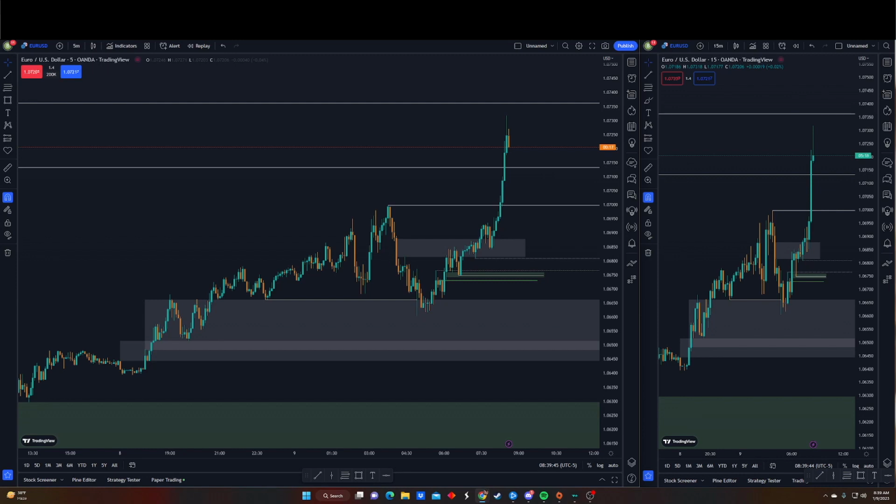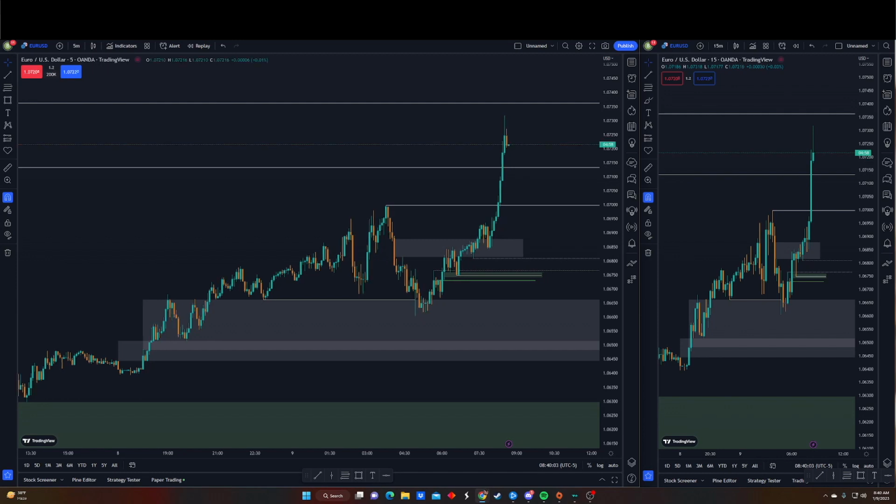But I want to see what are the clues that I could look at as a possible scaling, but also just what I should anticipate as levels of support right off the bat. I do not want to see price come back down to this high.